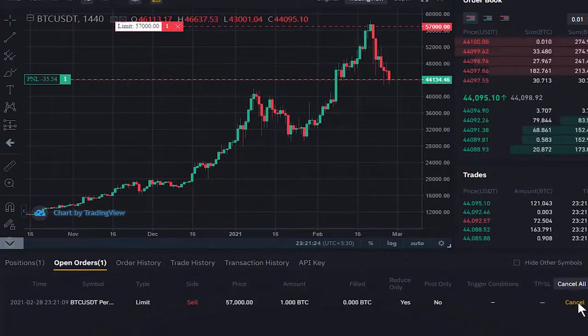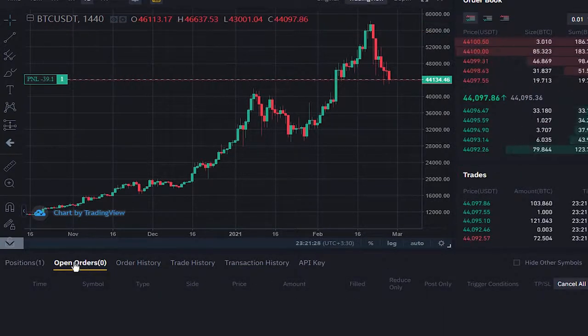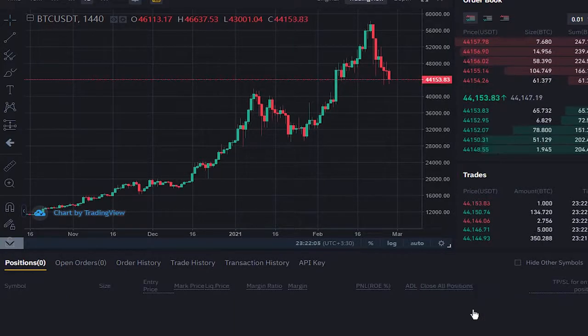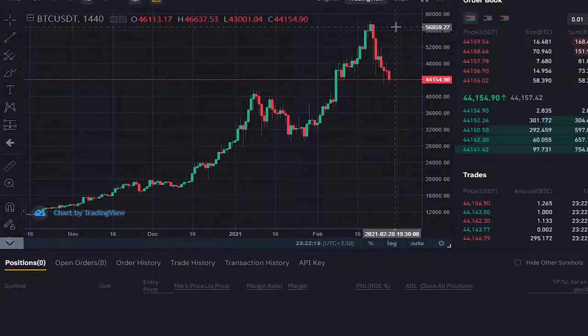Let me cancel this and go to positions. Please pay attention that if you enter a price lower than the current price of the market, for example, if here you enter 40,000 and click on limit, you see that your order will be executed instantly and your position will be closed. So always remember, for a sell limit order, you set the price higher than the current price of the market.